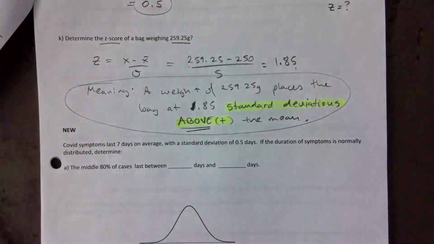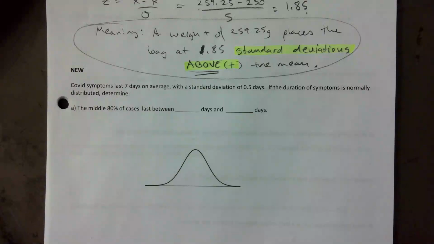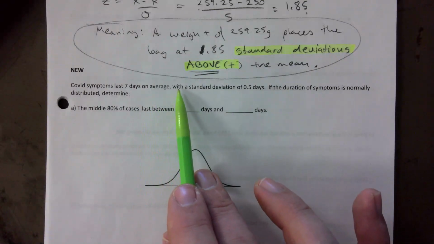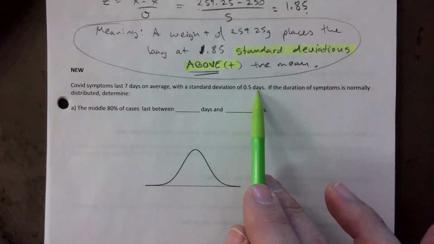And here's the last thing that I'm going to do today, and I need you to practice this. Okay, this one right here. COVID symptoms last 7 days on average. You can tell when I made this booklet, right? It was lonely basement days, where I was talking to everybody via Google Meet. Standard deviation of 0.5 days.